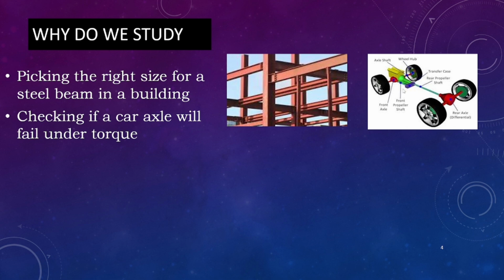This is the transfer case, from the engine to the axle. You can see where the axle is; that's where the torque will occur. You can see this red part over here: once it starts turning, the crankshaft starts to turn, and it turns along with this long shaft over here as well.